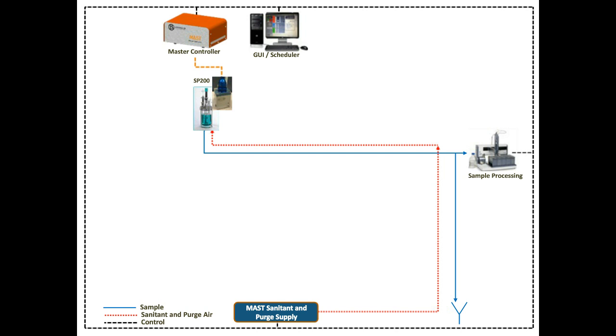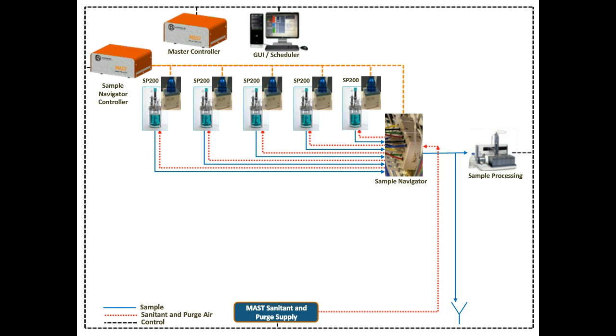And then it's quite a simple matter to add a sample navigator. The sample navigator controller has all the inputs and outputs with pneumatics to run up to 5 sample pilots and 1 sample navigator, which is like the traffic cop that routes the samples to where they need to go. The master controller has the main PLC, and the sample navigator is an input-output slave to the master controller.